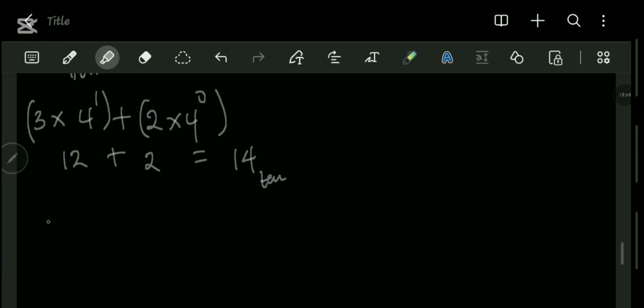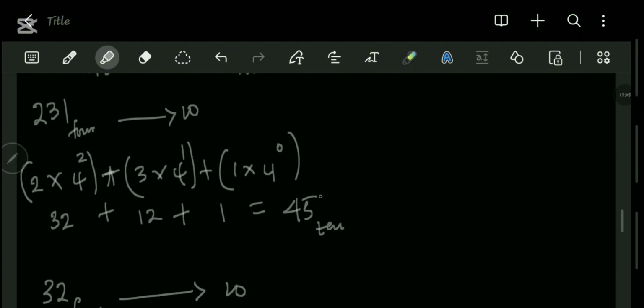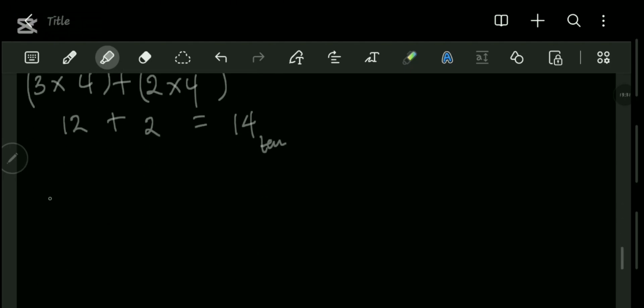And normally we were asked to multiply this number times this. So I'm multiplying 45 in base 10 times 14 in base 10. So 45 times 14, that's giving us 630 in base 10, right?